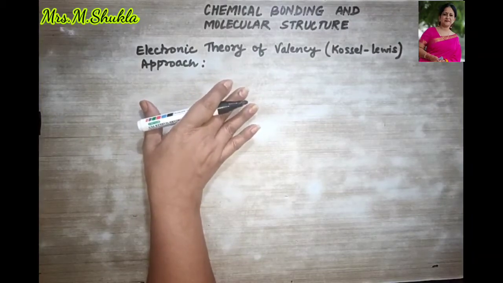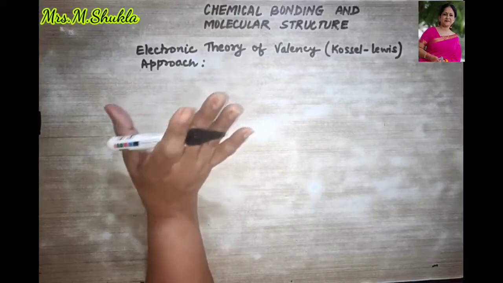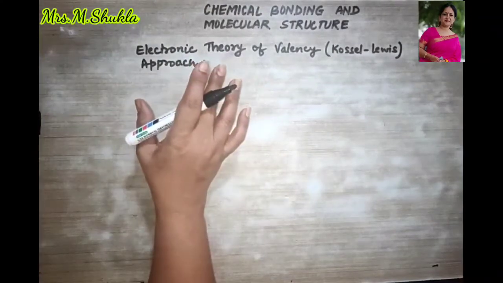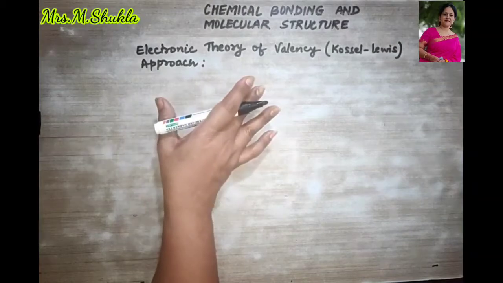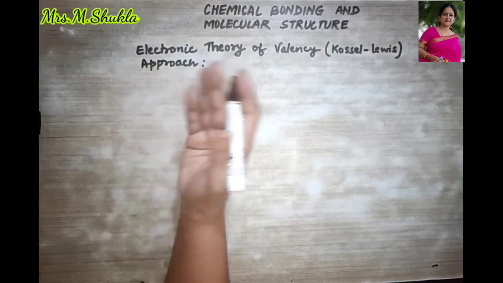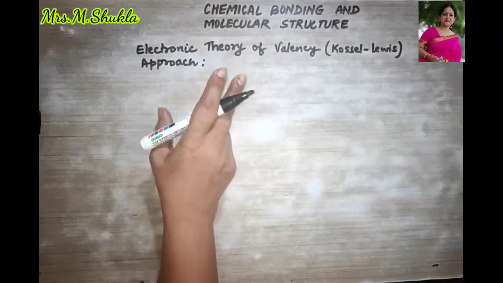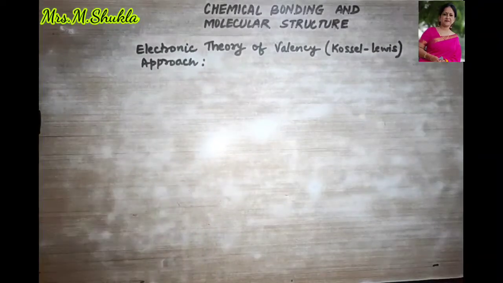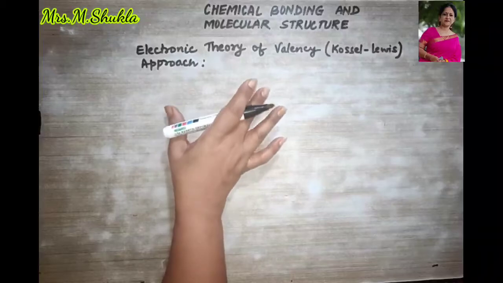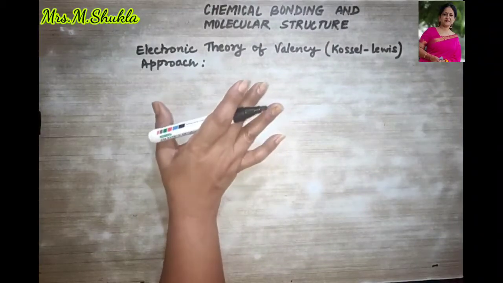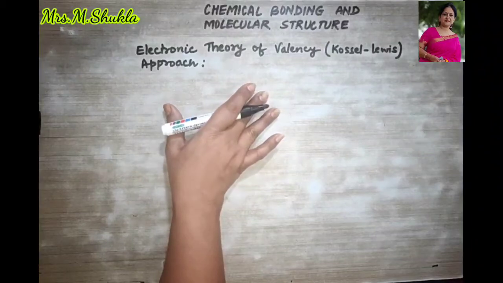According to this theory, the combination of two or more atoms involves redistribution of electrons in their outermost shell, either by transferring or by sharing, and it takes place in such a way that all the combining atoms acquire stable noble gas configuration and also minimum energy, right?